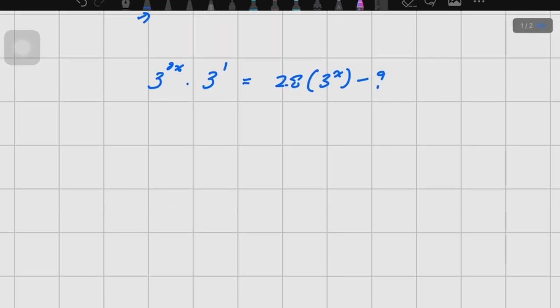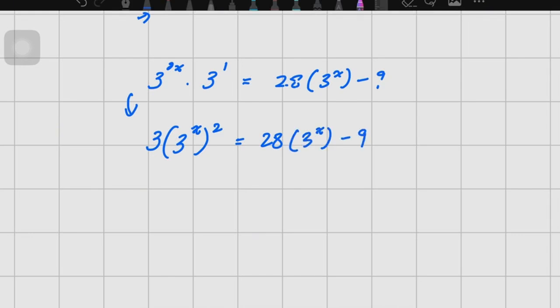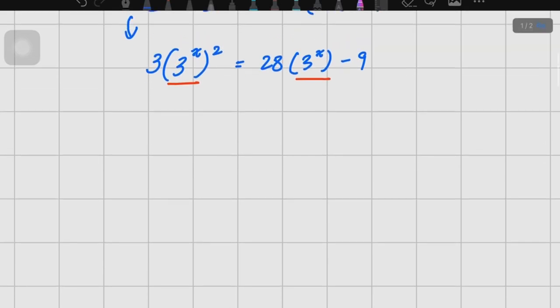So we should simplify this into 3, because 3 to the power of 1 is 3, then 3 times 3 to the power of x to the power of 2 equals to 28 times 3 to the power of x minus 9. So we notice that there is repetition with 3 to the power of x.